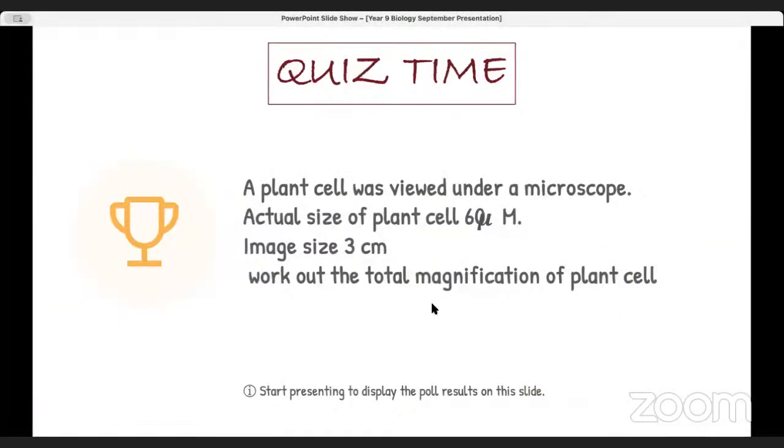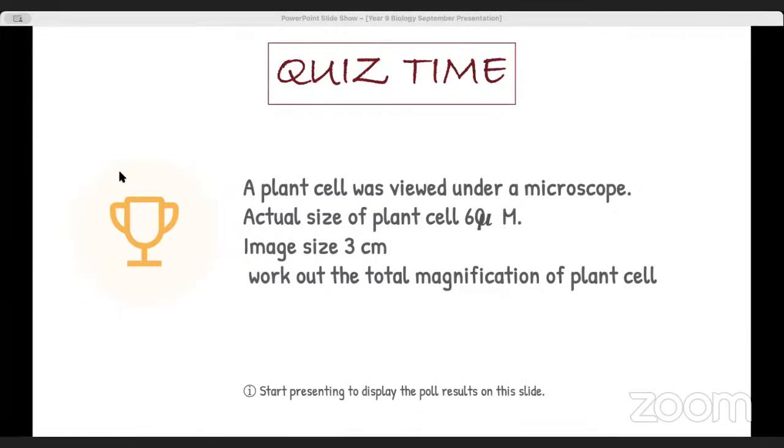In this question we have 60 micrometers and centimeters, so it is up to you to convert to centimeters or whatever you prefer. Here it will be 0.006 centimeters.